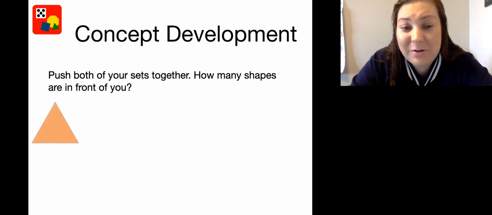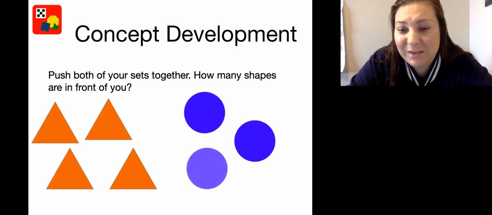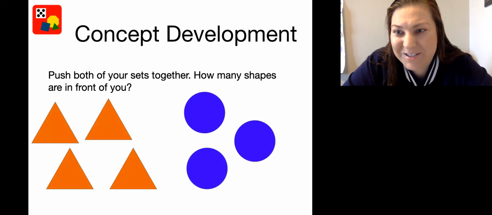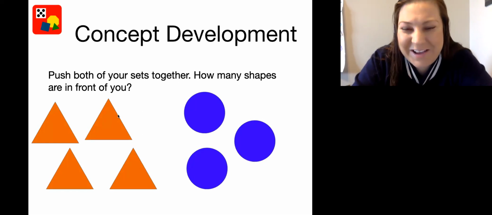So we know that we have different shapes. So I'm going to put different shapes on our screen. Whoa, what shapes do you see? Yes, you see some triangles and some circles. Okay, which shape has 3 sides? The triangle, great.